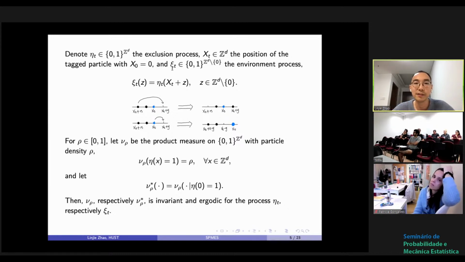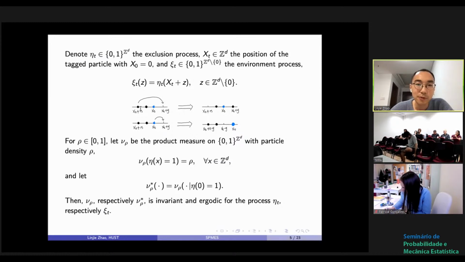And it is more convenient to work on the environment process as seen from the target particle, and we denote this process by ξ_t. So ξ_t(z) is η_t(X_t plus z). And one could check that the environment process ξ_t is a Markov process. The evolution of the environment process has 2 parts.